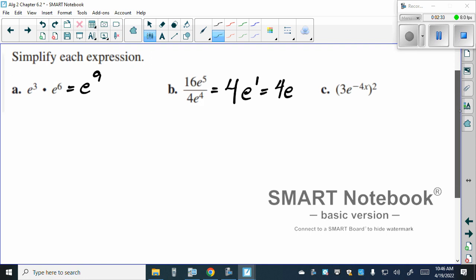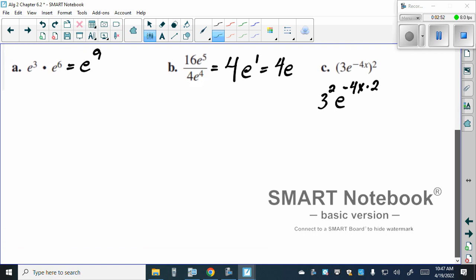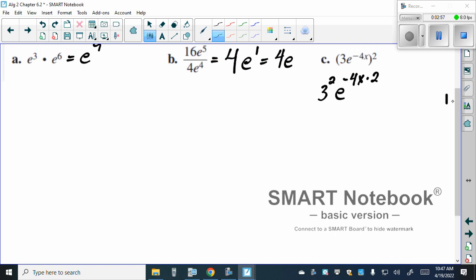And the last one, powers of powers. Here we would have 3 squared, and for e, we're going to take the negative 4x and multiply it by 2, because powers of powers multiply. Now 3 squared is 9.